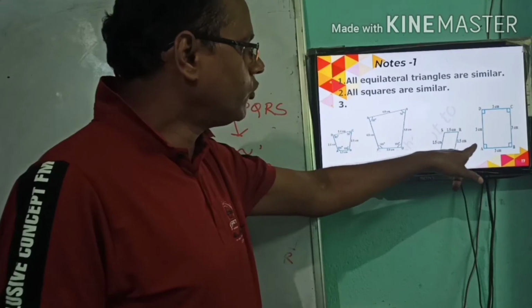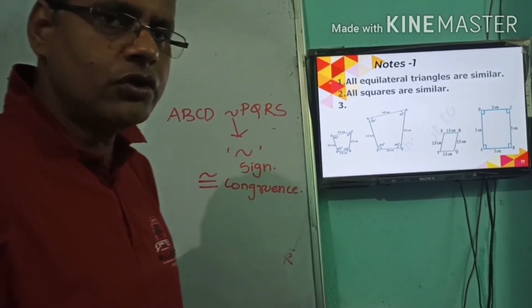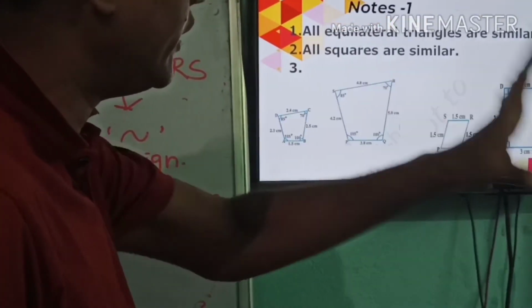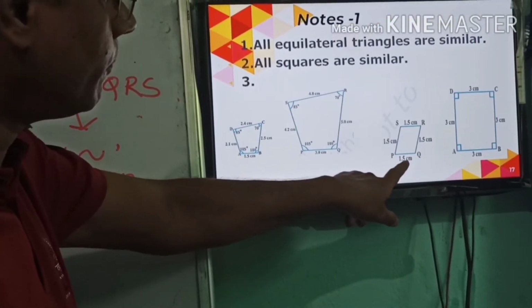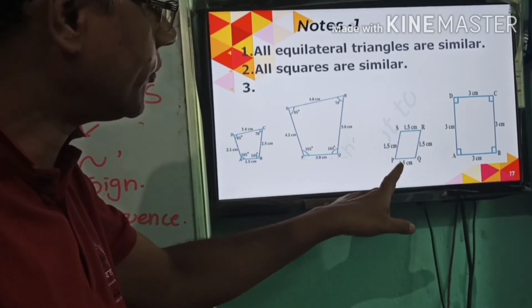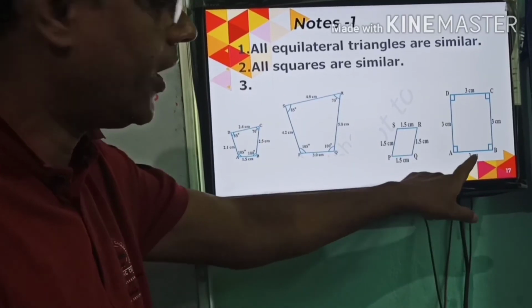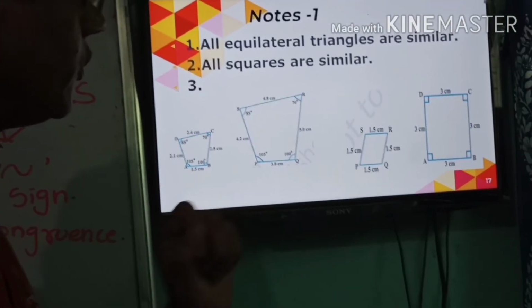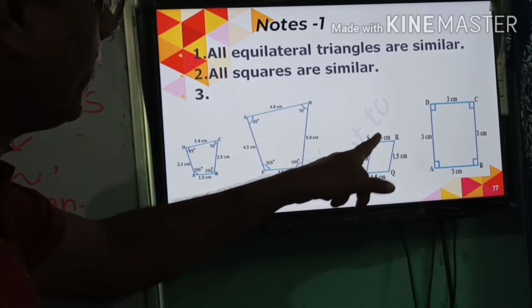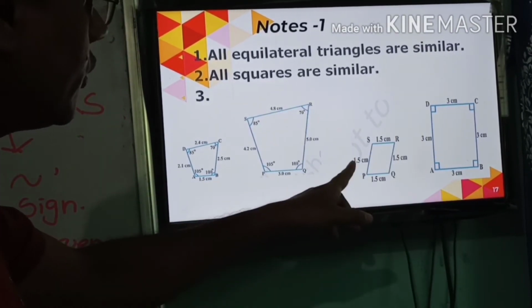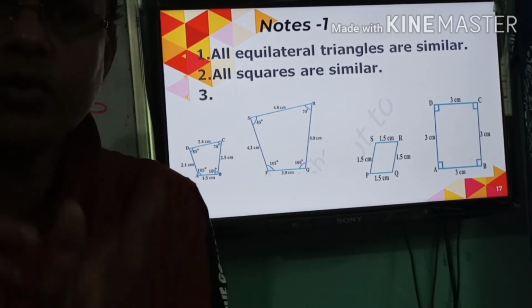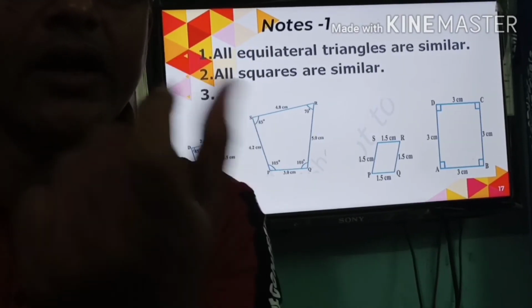In the same way, let us discuss this one, whether it will be similar or not. If we compare the sides first, PQ is 1.5 and AB is 3. So the ratio PQ to AB, 1.5 by 3, is 1 by 2. In the same way, this is 1.5, this is 3, answer 1 by 2. The same for the remaining sides. But compare the angles.